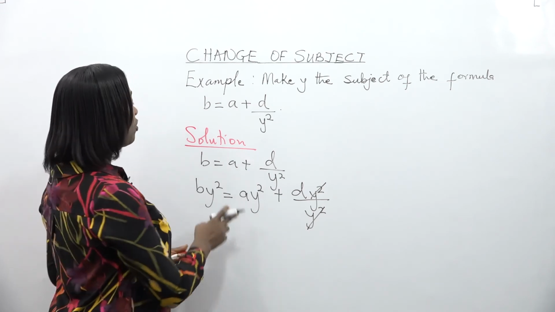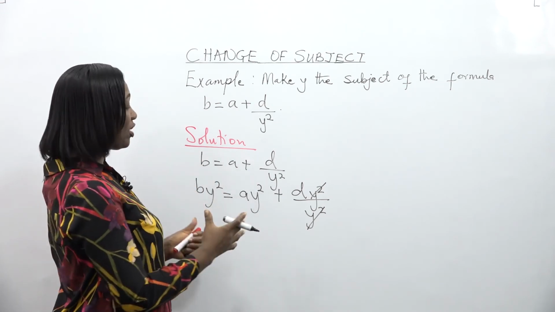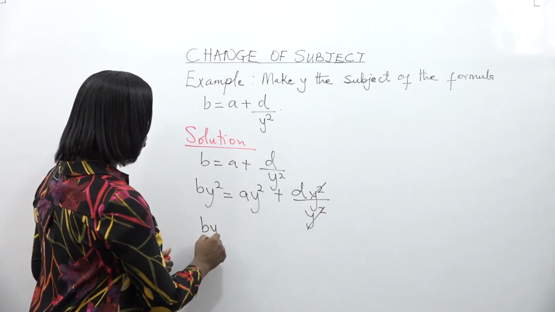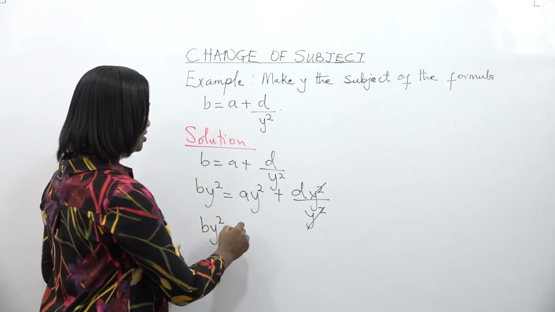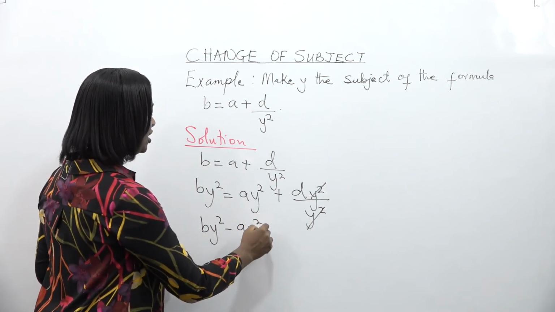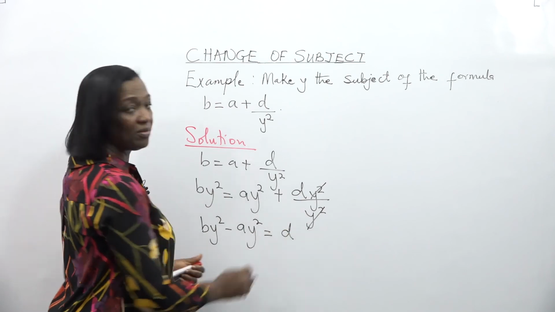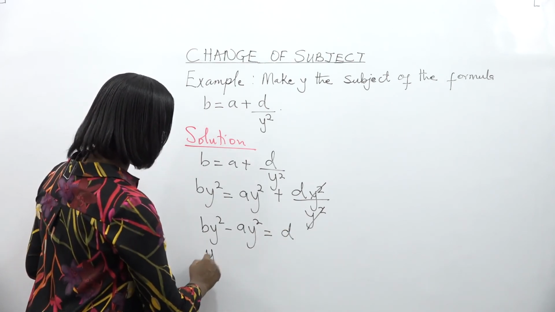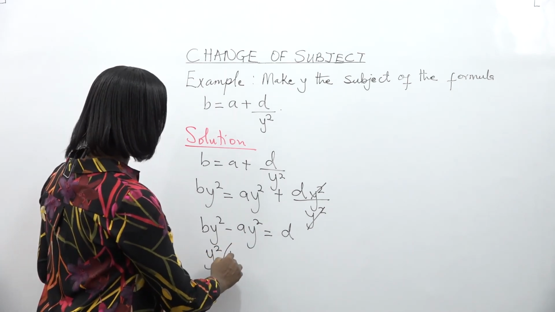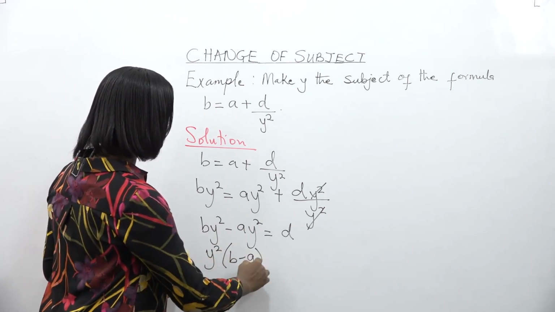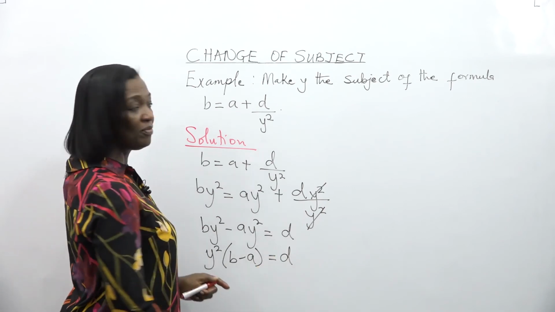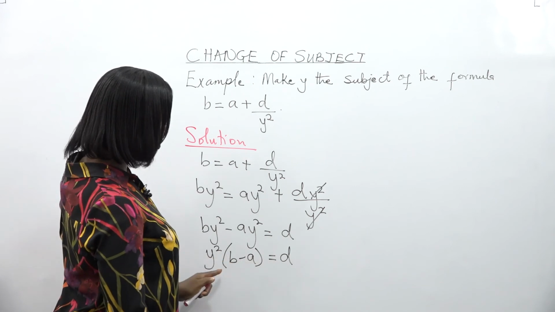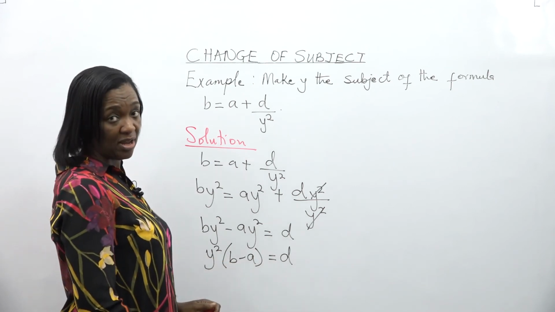The target is to make y the subject. So we collect every term that has y in it. So by squared minus ay squared is equal to d. Factorize the y squared. We have y squared into b minus a is equal to d. So y squared is equal to d divided by b minus a.